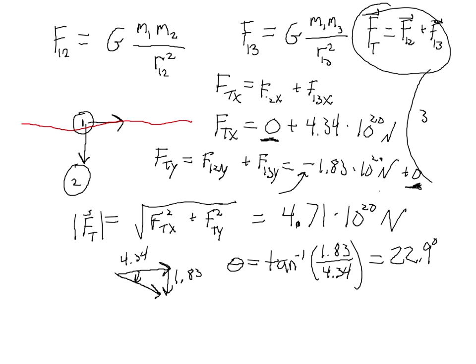If you have 4 masses, then you would simply say, well, the total force is just the vector sum of F12 plus F13 plus F14. You could just keep going. No matter how many masses you have, you just keep adding terms.